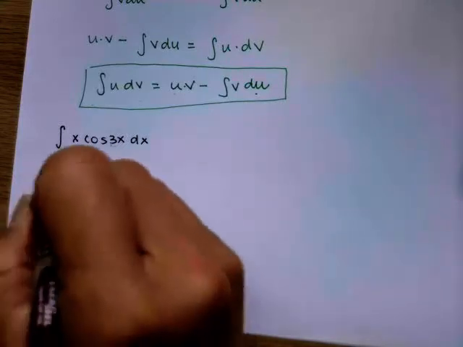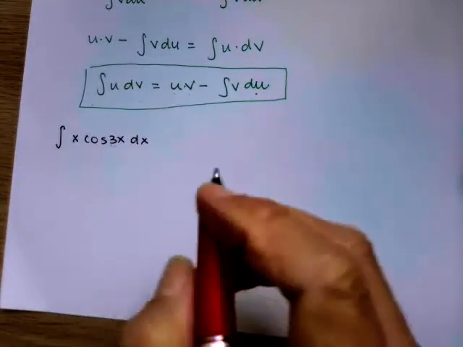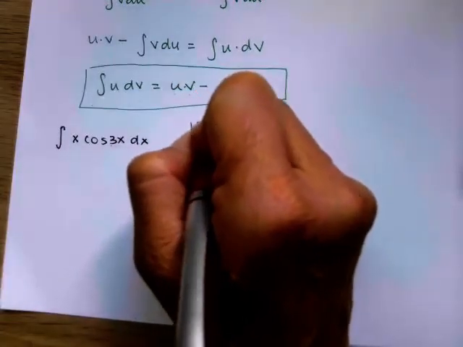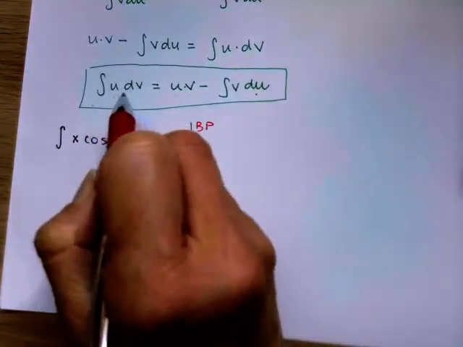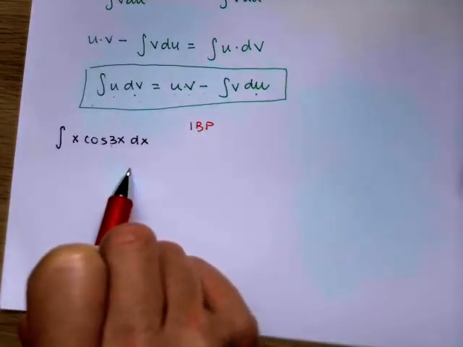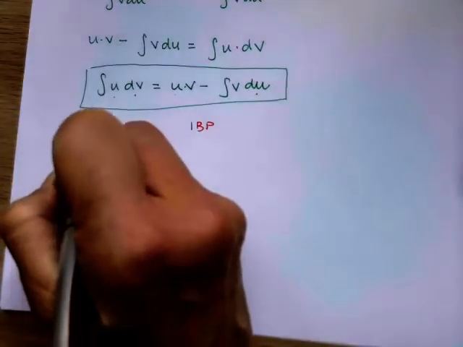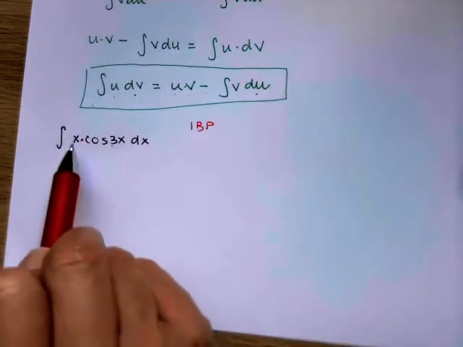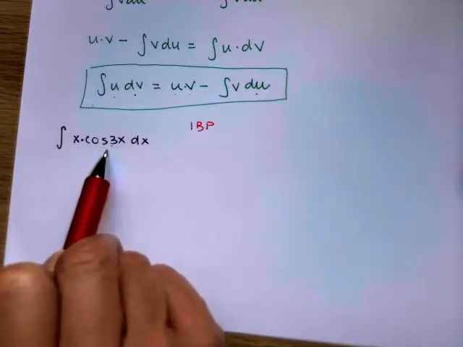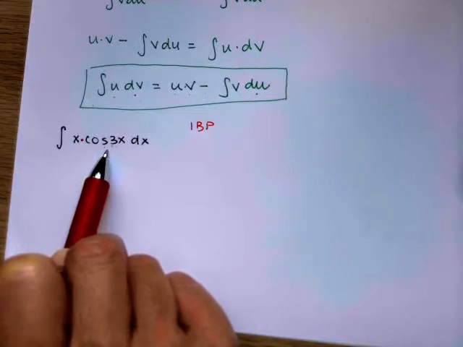When you're integrating a product and you can't do a u sub, then we go to integration by parts. So IBP, integration by parts. We have to decide who's going to be u and who's going to be dv in this integrand. As a general rule, if one of your factors is polynomial in nature, let it be u.